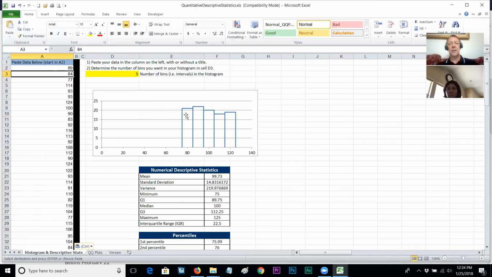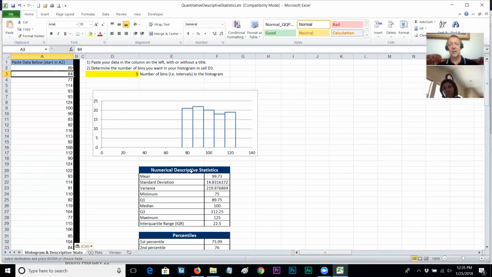So would you say that that looks like a normal distribution to you? A bell curve? No, it doesn't. In fact, if these were random numbers, you would expect them to be evenly spread. So this is what we would call a uniform distribution. It should look basically like a rectangle, and it basically does.